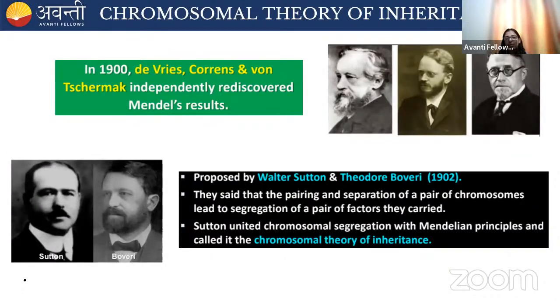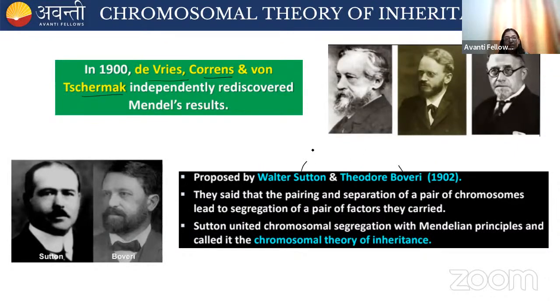Next one is the chromosomal theory of inheritance. As we know, Mendel's work was not recognized earlier, but De Vries, Correns, and von Tschermak independently rediscovered Mendel's results. Okay. And the chromosomal theory of inheritance was proposed by Sutton and Boveri.